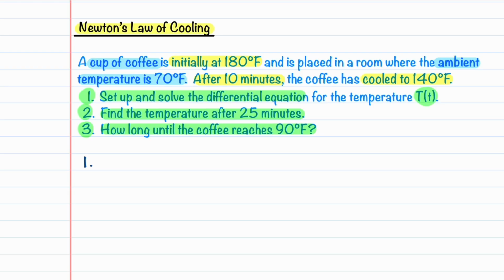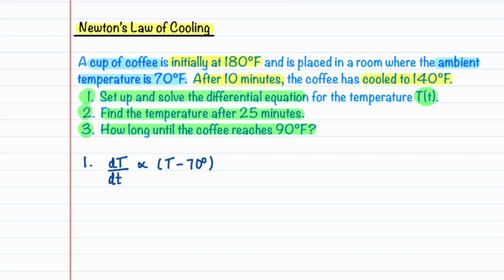Newton's law of cooling tells us that the change of temperature with respect to time, dT/dt, is proportional to the difference between the object's temperature, which is capital T, and the surrounding temperature, which in our case is 70 degrees. So we're going to subtract 70 degrees.